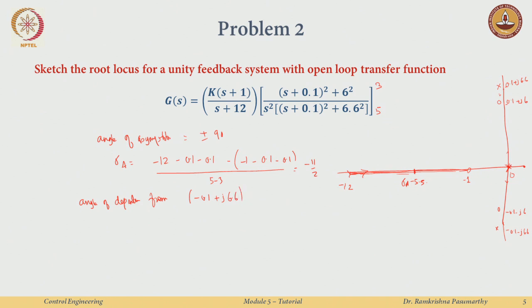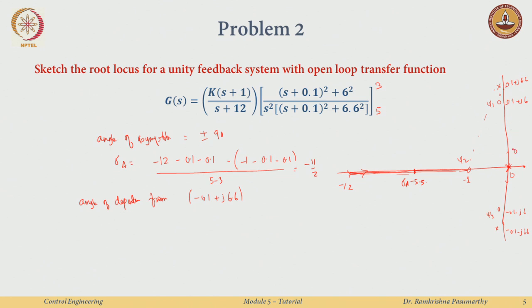Okay, so I need to look at the angles which these 2 guys make here, right, and then I need to look at the angles which these guys make. So, let me call this psi 1, the angle made by this zero, psi 2 by this zero, and then psi 3 by this zero, and then I have 5 poles, right.